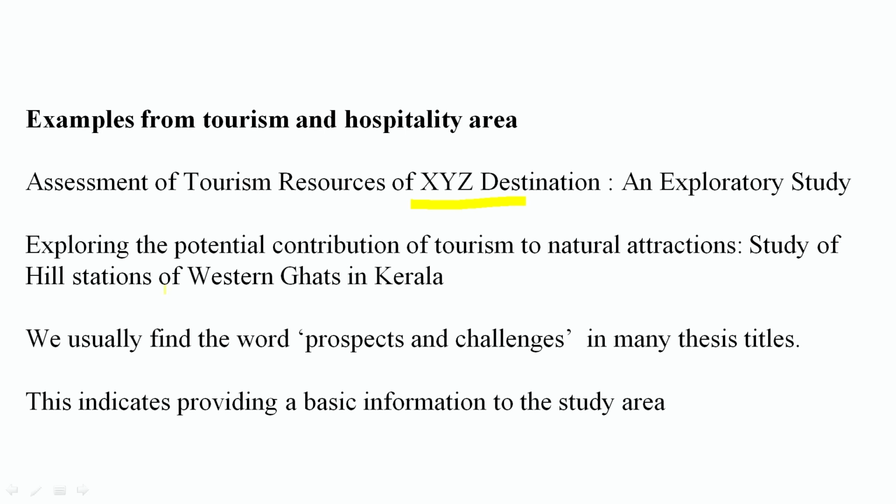Then some titles end with exploratory study. Here I have taken an example: assessment of tourism potential of a hill station that is spread over Western Ghats in Kerala.